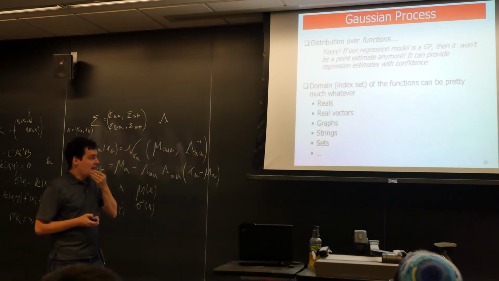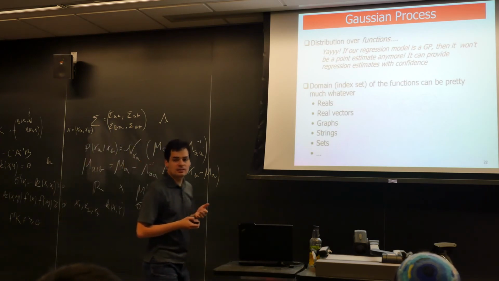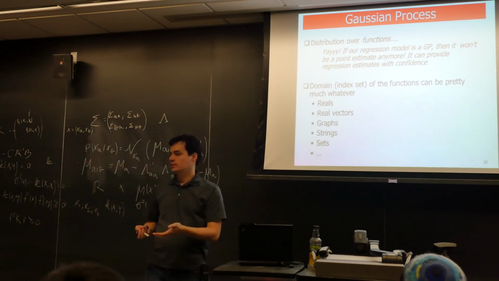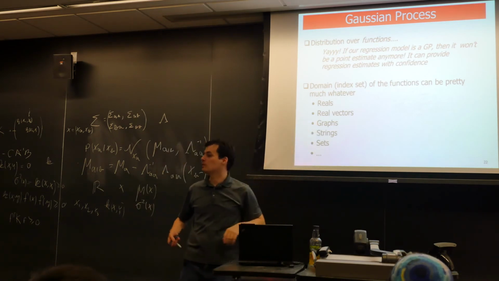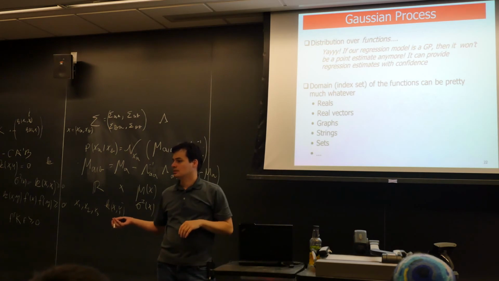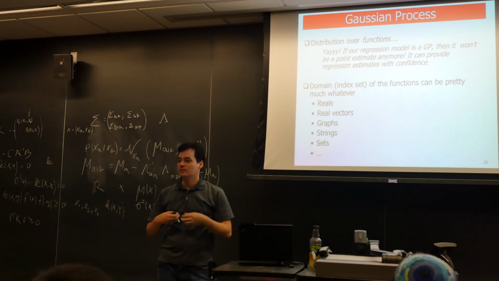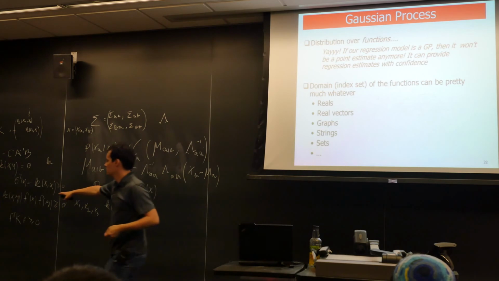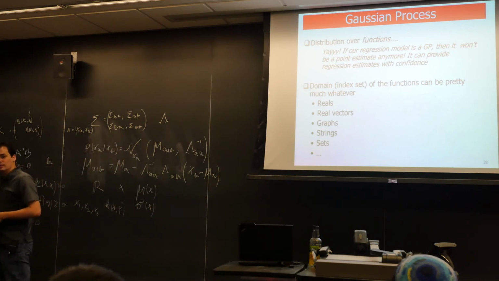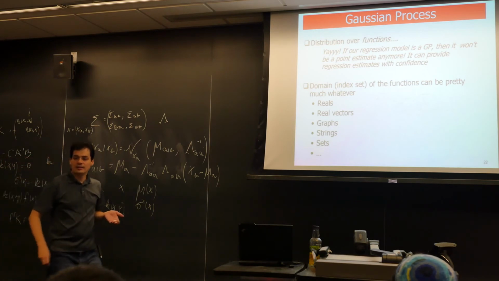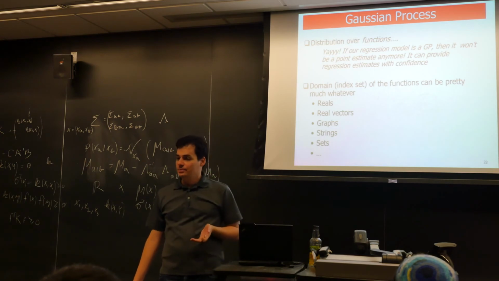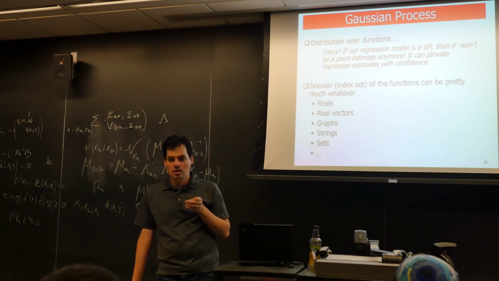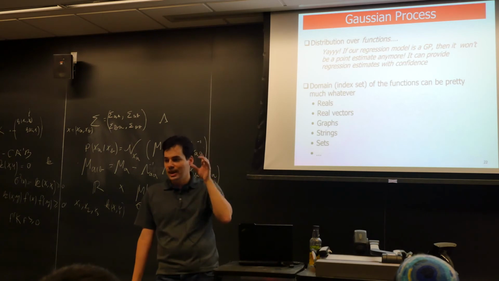Sometimes in the literature you can even see more ridiculous index sets. The index sets could be graphs or strings, or any kind of object on which you can define positive semi-definite functions. In this way you can try to do regression on graphs: you want to learn a function that maps a graph to, say, a real number.